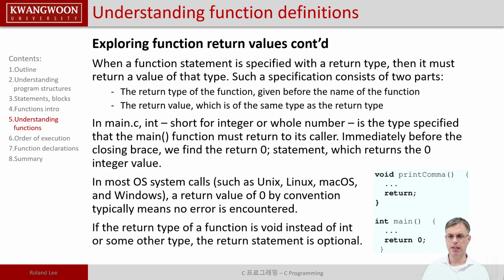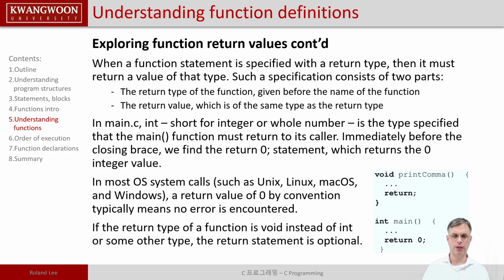In main, int, short for integer or whole number, is the type that the main function must return to its caller. Immediately before the closing brace, we find the return 0 statement, which returns a 0 integer value.